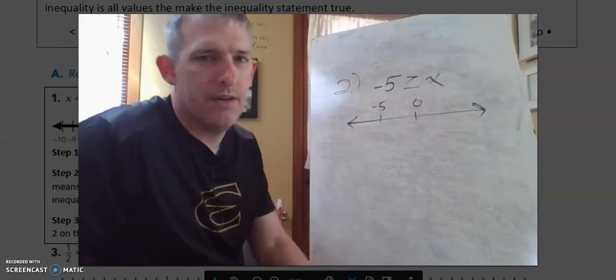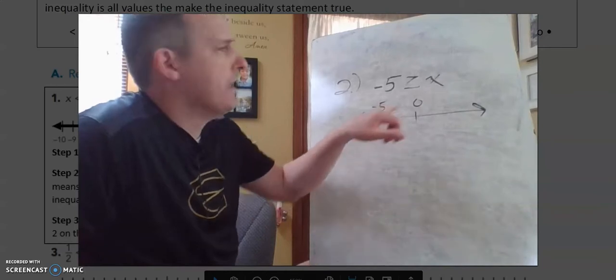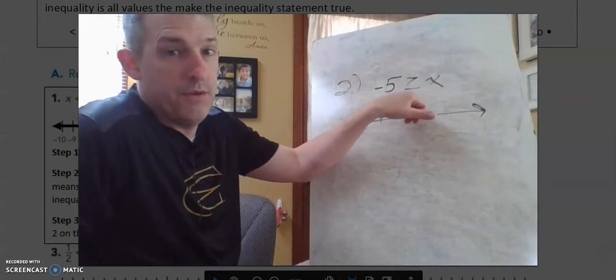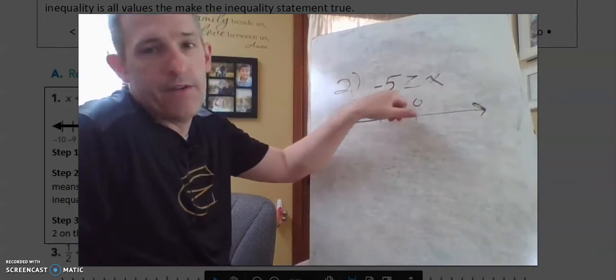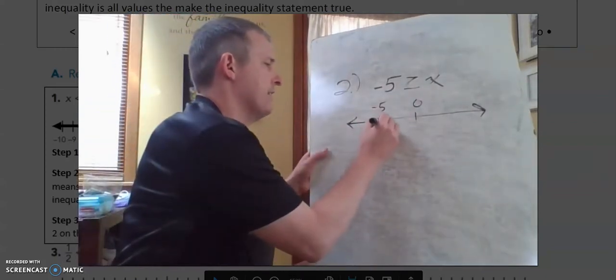Then I ask myself, do I want a circle or a dot on negative 5? Can x be negative 5 and make the statement true? Well, it can, because negative 5 would be equal to negative 5. Since that's the case, I'm going to put a dot there.